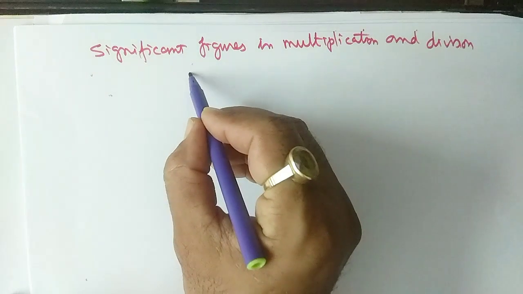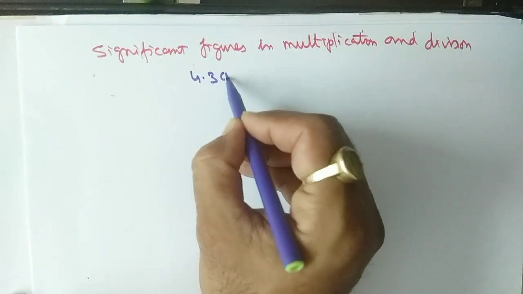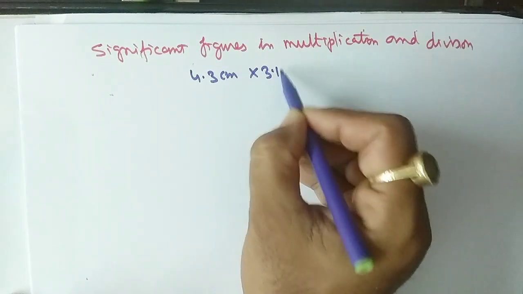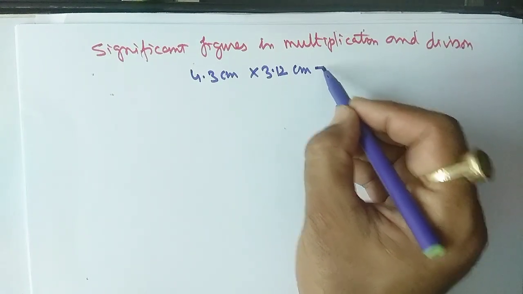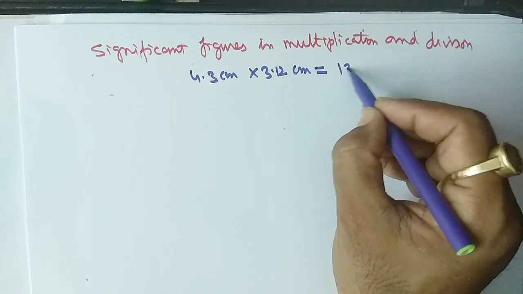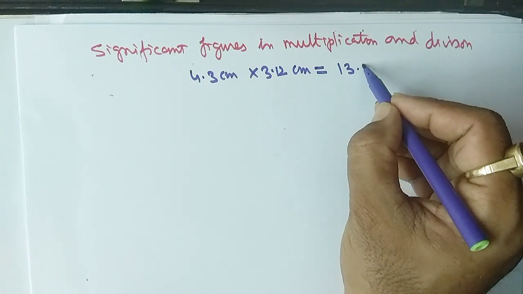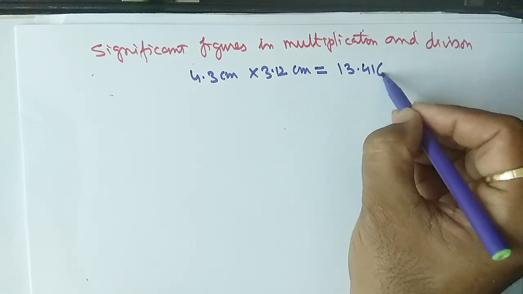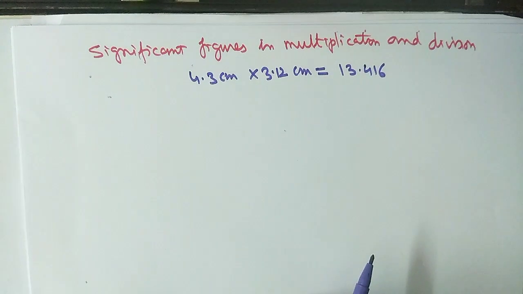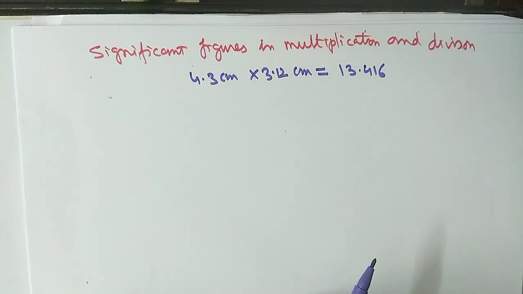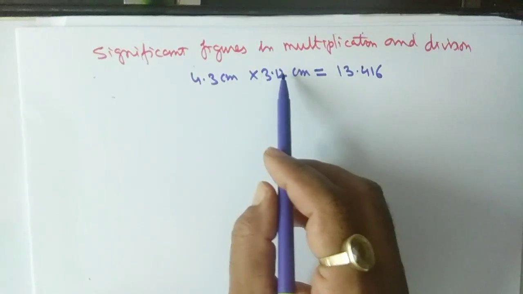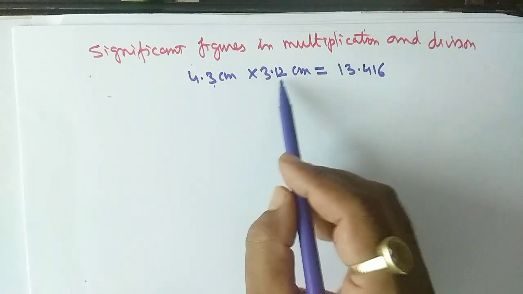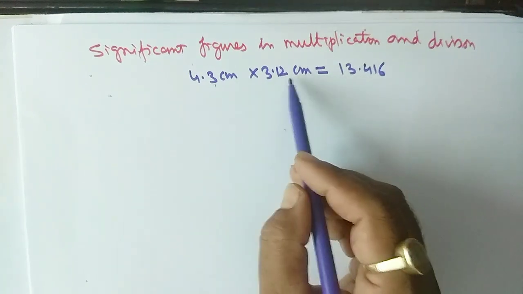Suppose I am multiplying the two values, 4.3 centimeter and 3.12 centimeter. So if you multiply, the result will come 13.416. So here you can see the significant figures. Here two significant figures, and here the total significant figure is 3.